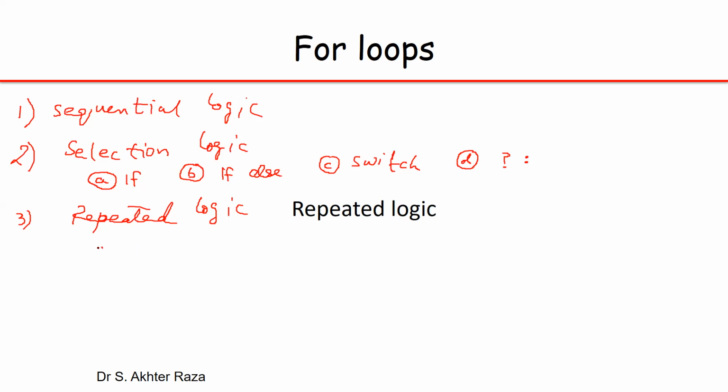In the repeated logic, three elements are to be discussed. Number one is the while statement. Number two is the for loop, which we are going to discuss today. And number three is called do while.